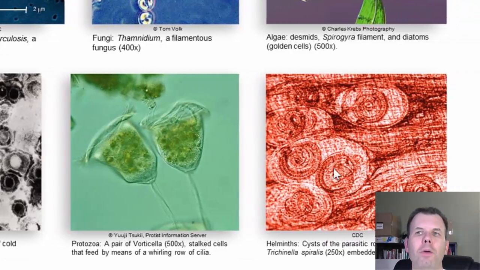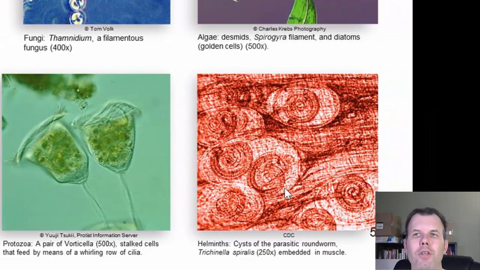And then the last group that we'll be looking at later on, in chapter 23, are the worms. We call these things helminths. That's the Latin word for worm. Here you see a cyst of a roundworm that causes trichinella. This is when you don't cook your pork chops long enough, and you can end up getting these types of infections.